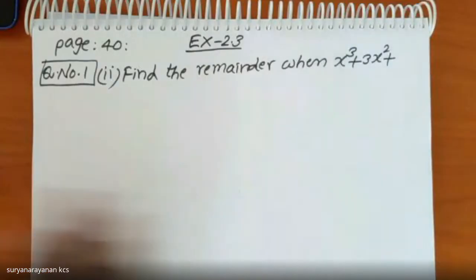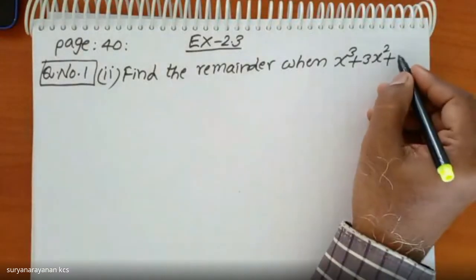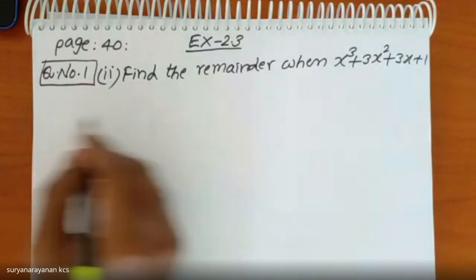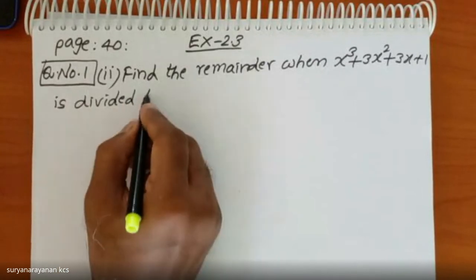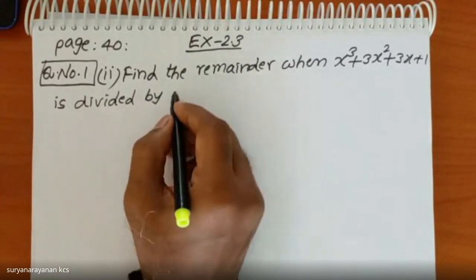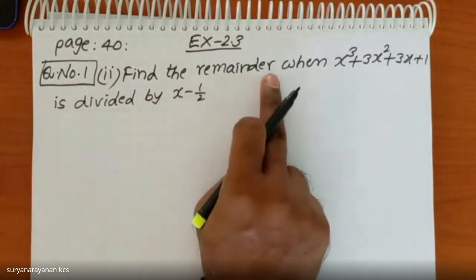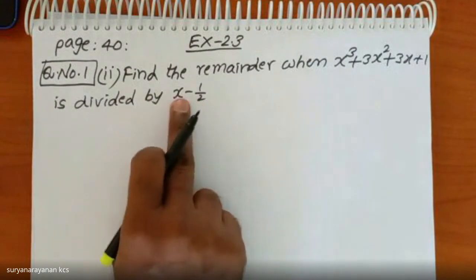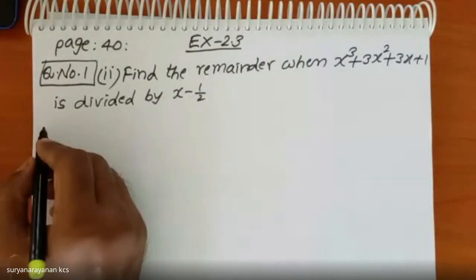See the polynomial carefully, Mahima, you missed the 3x term. Yes, sir. It is divided by x minus 1 by 2. We have to find the remainder when this polynomial is divided by x minus 1 by 2. If you observe, this is also a linear polynomial.